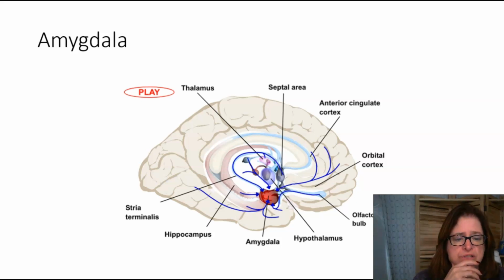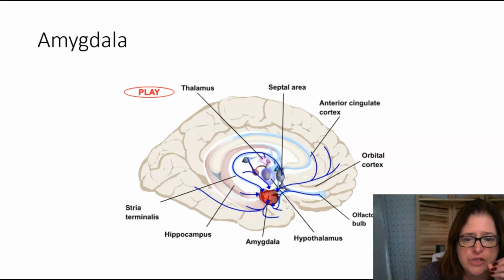So all of these circuits really come down to the processing by the amygdala of information related to any strong emotion.